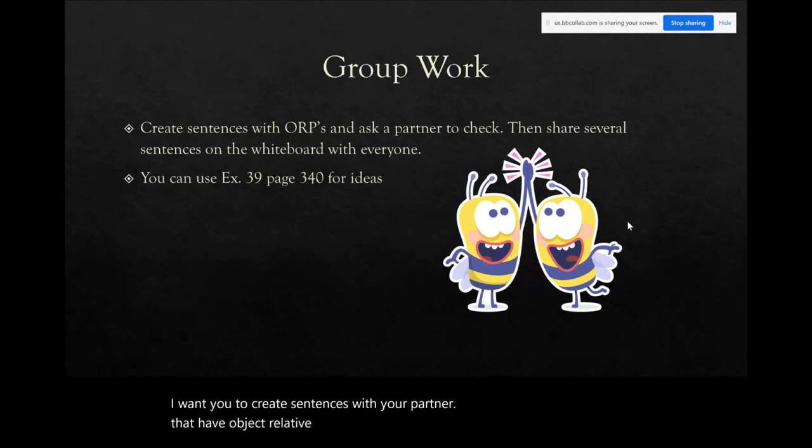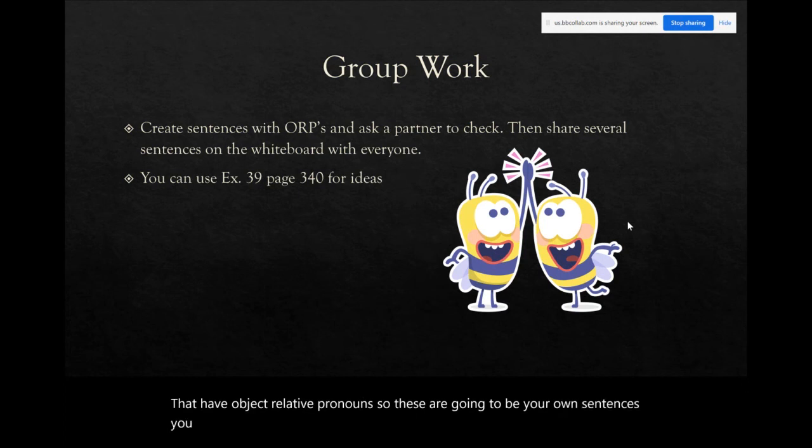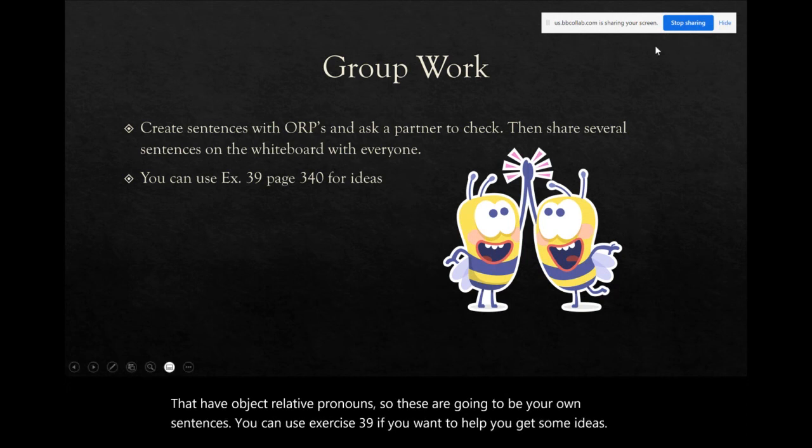So these are going to be your own sentences. You can use exercise 39 if you want to help you get some ideas. That's just your choice. That's an option. Okay? Everybody know what we're doing? Yes. Keeping you busy. No time to stop.